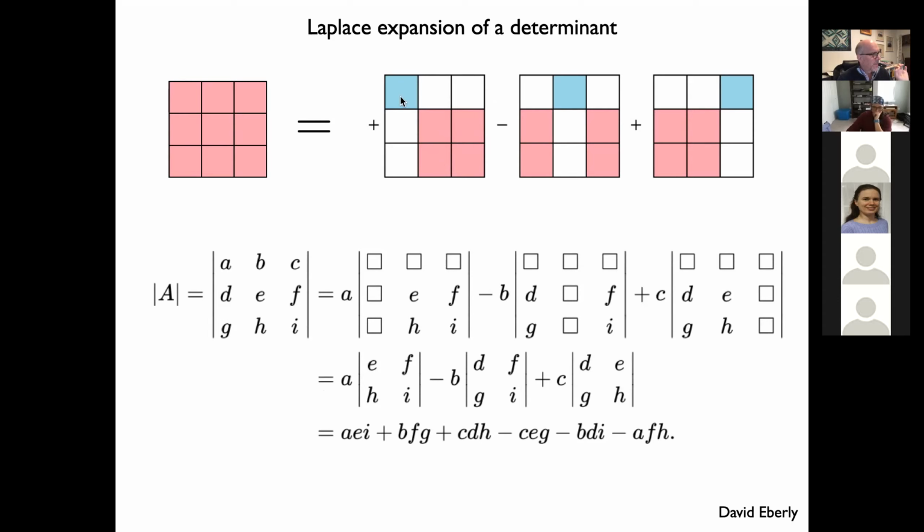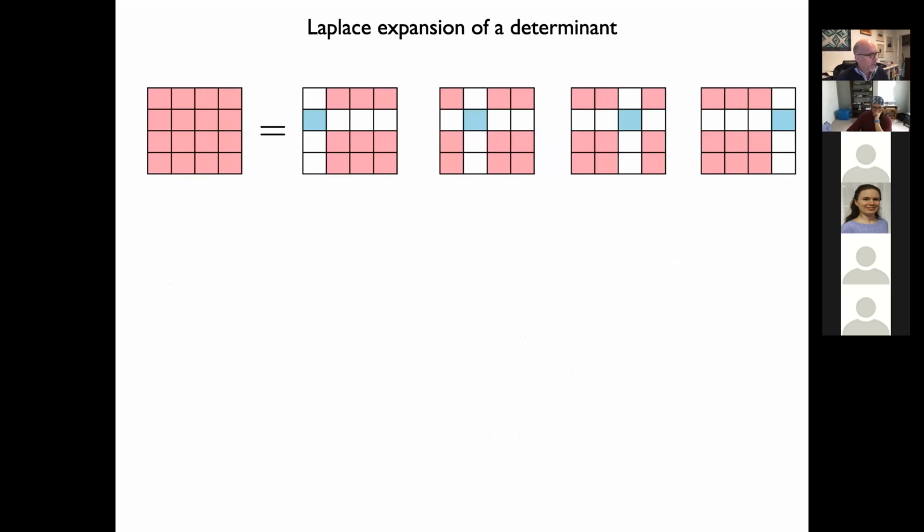It's A, which is the blue entry here, times the determinant of this piece, and so on. So I'm going to be using pictures like this to represent things that we're doing with determinants a lot. So I wanted to illustrate this one where everyone knows the answer.